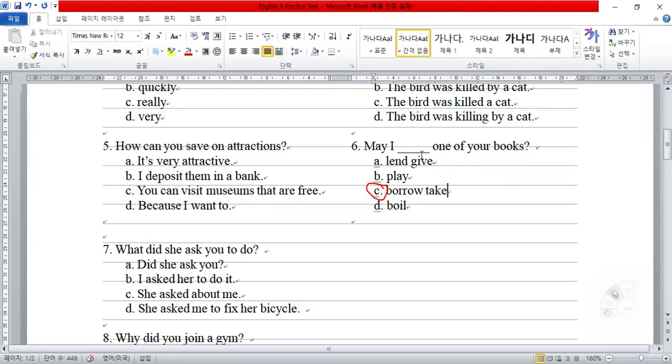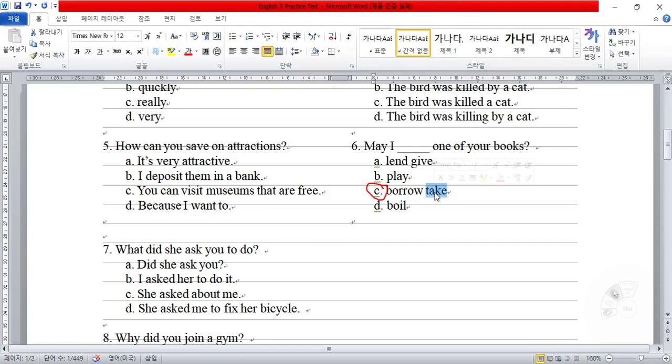These seem a bit more permanent. When you give someone a book, maybe they won't give it back. Lend seems to understand that the giving is for a limited time. Okay, so if I borrow something from you, I will give it back. Take seems to mean I have it.